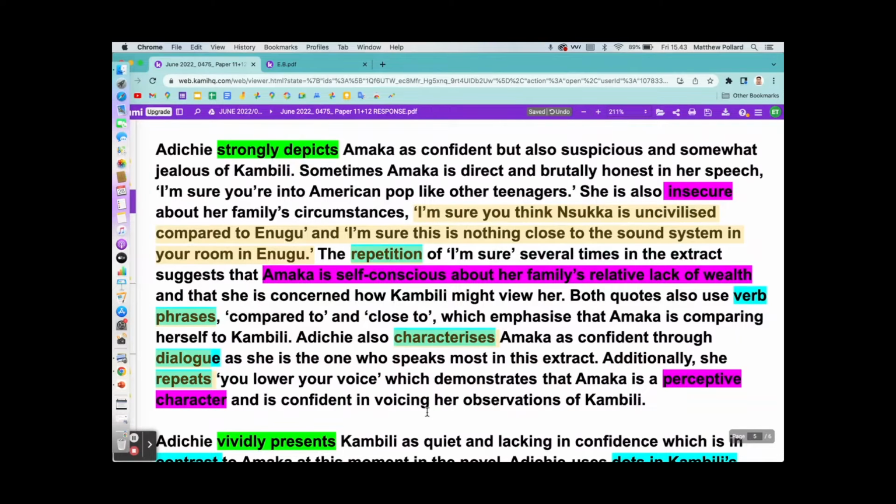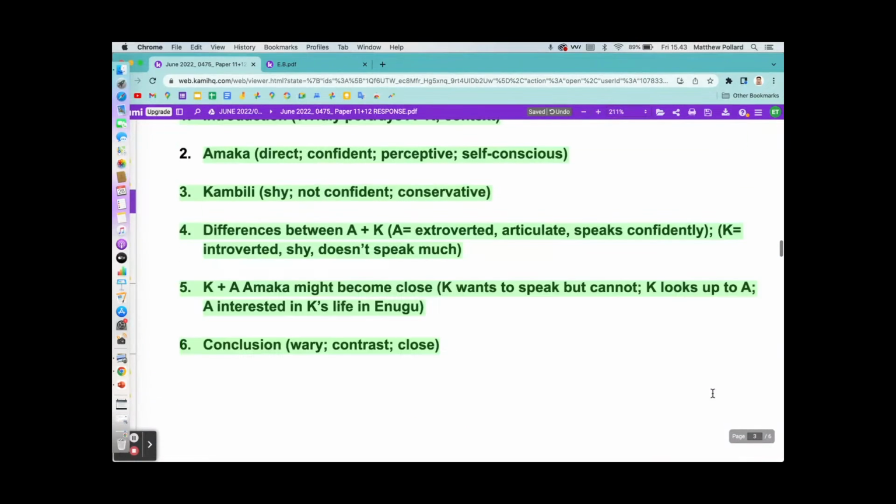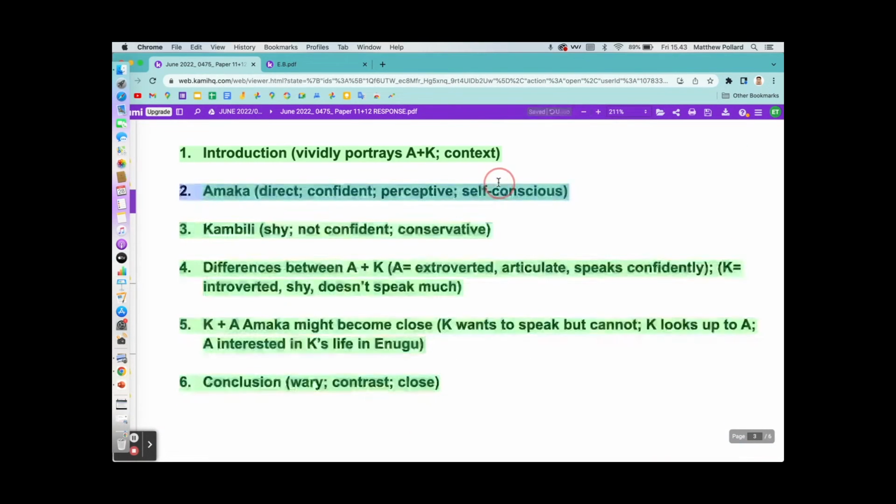I would say two to four techniques in each paragraph, ideally. And you can also see there's some reading between the lines going on, some inferential reading. Insecure. Amaka is self-conscious. Amaka is perceptive. And of course, what we're doing here is going back to the key things that we said that we would cover in our plan.